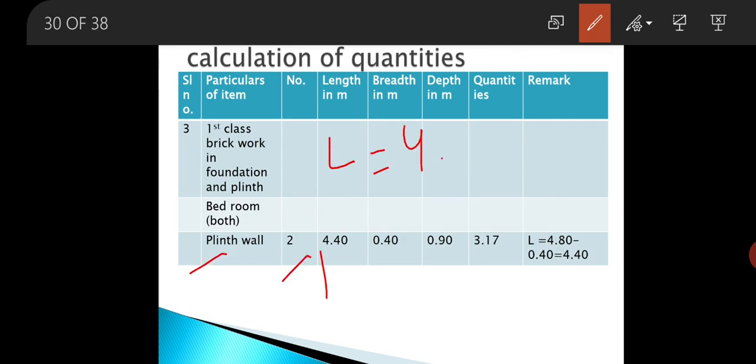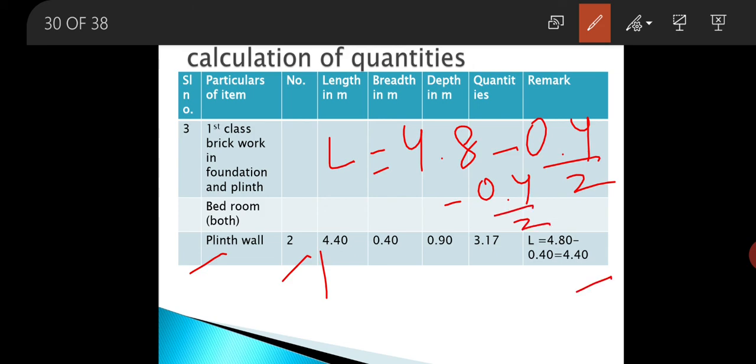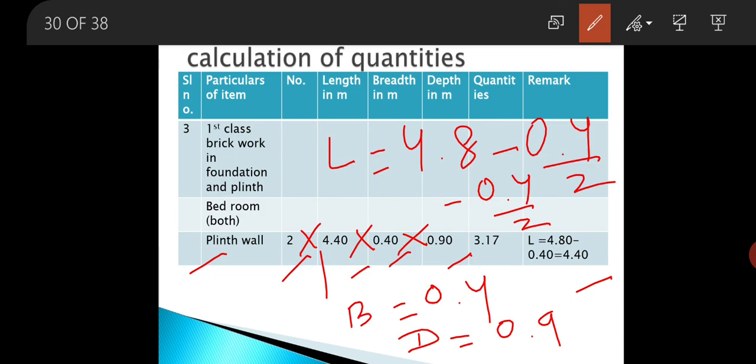Length will be calculated by subtracting from the center line length half of the width of the plinth wall from both the sides. So this will give you 4.40. Breadth of the plinth wall was 0.4 and depth was 0.9. Put 0.4, 0.9, then by multiplying these 4, we will get the total quantity of the plinth wall along short wall as 3.17 cubic meter.